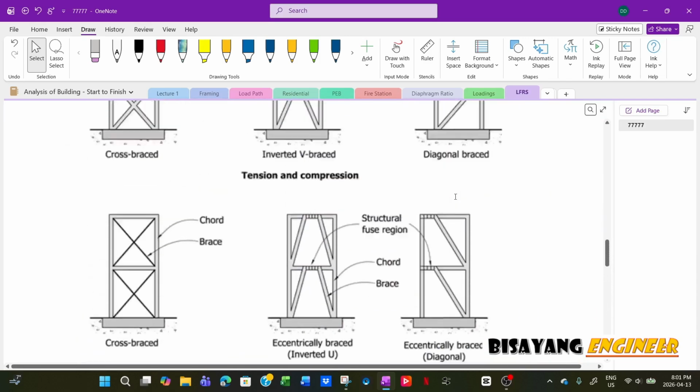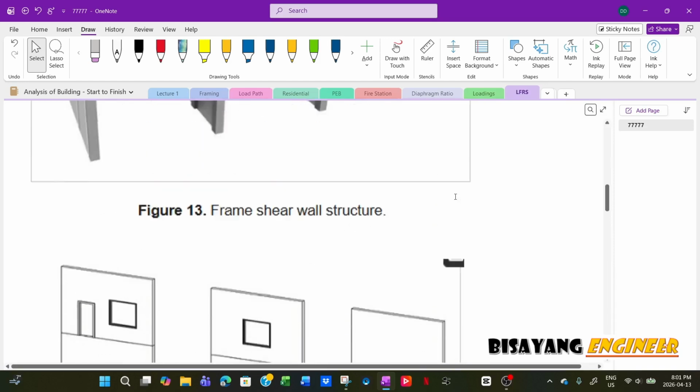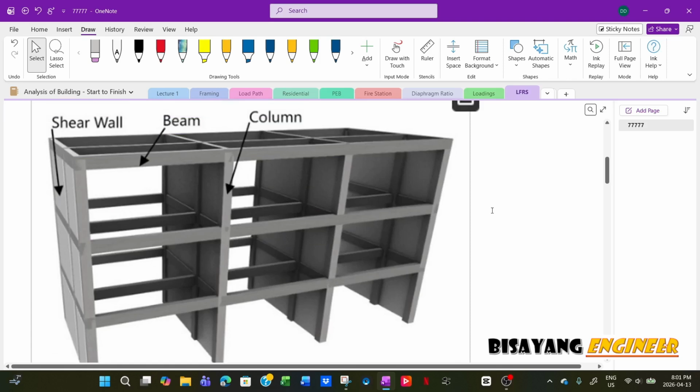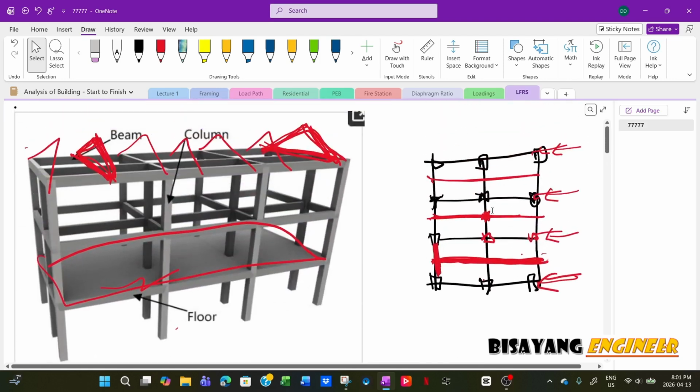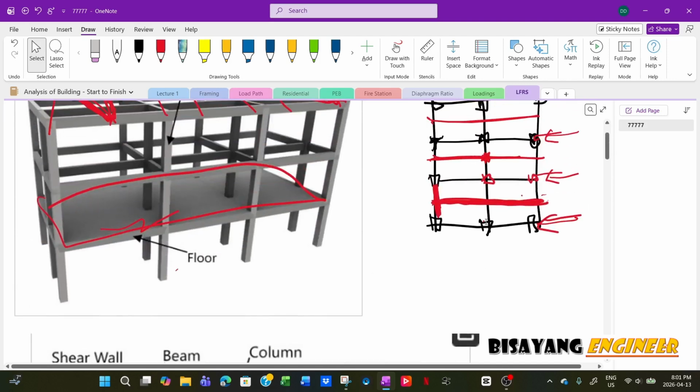You have to identify the load path first before you analyze the structure, because the result depends on how accurate your load applications, or your model, are. So that's why it's important to know the load path.